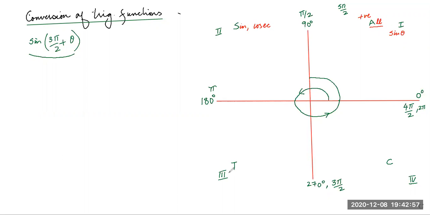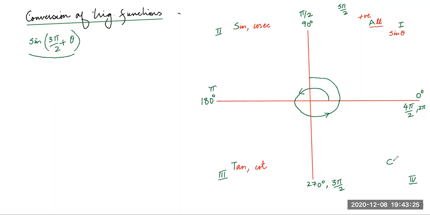What about the third quadrant? Which trigonometric ratio is positive, students? T for tan. Okay, tan. If tan is positive, what will be the reciprocal of tan? Cot. Cot is also positive.